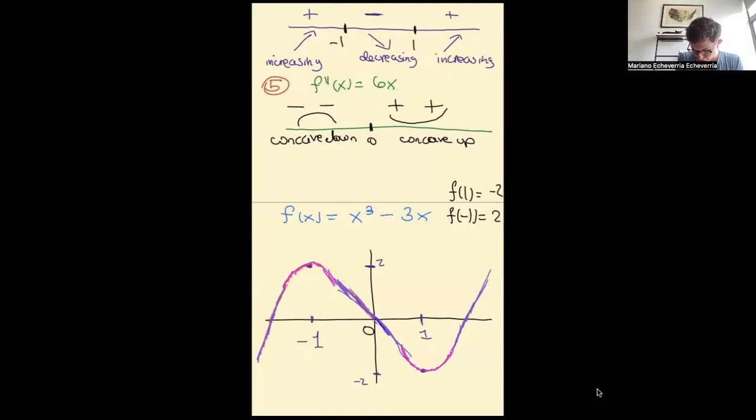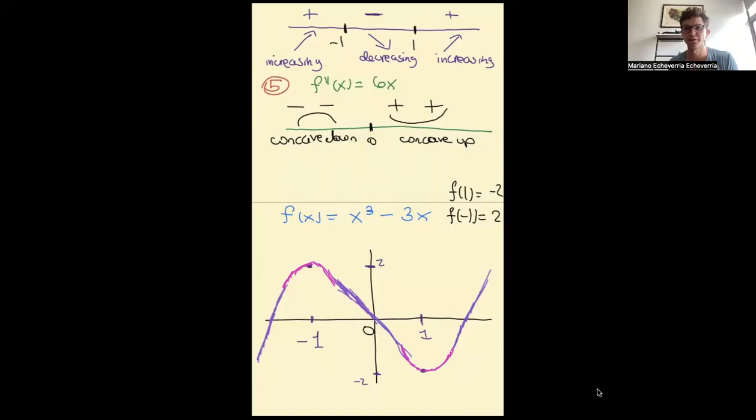And after 0, the function is concave up, so it looks like a happy face. So if you think in terms of moods, the function changes from sad to happy at 0. So the concavity changes at 0.